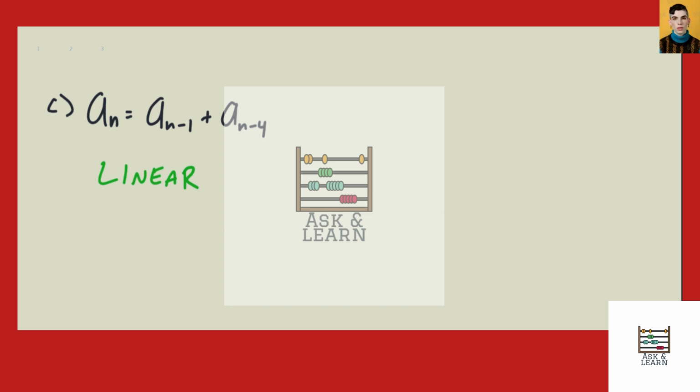There's nothing being squared. And it's also homogeneous, because again, there's no constant terms. Okay, so in this case, then the degree is going to be equal to 4. So that's the largest n minus k we see.